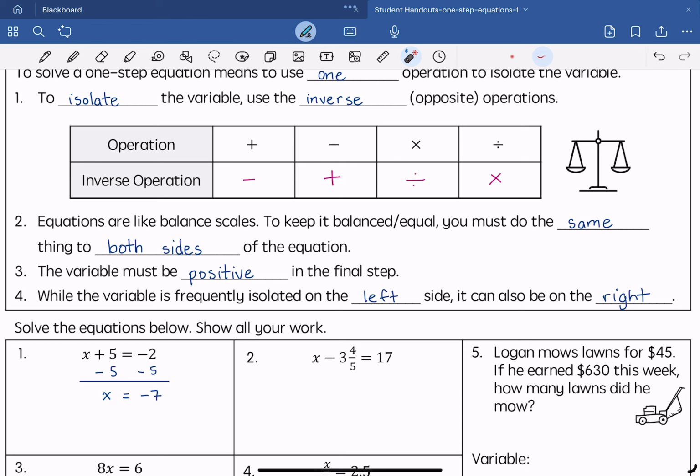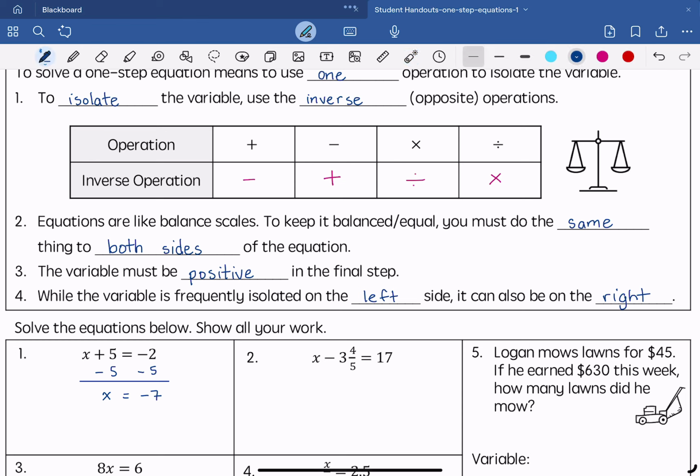So let's look at question 2. We have 3 terms here: term 1, 2, and 3. We want to isolate x, so we're going to do the inverse operation of negative 3 and 4/5 so that the x is isolated.